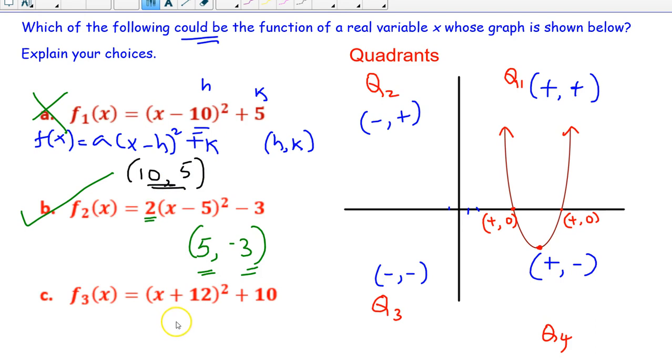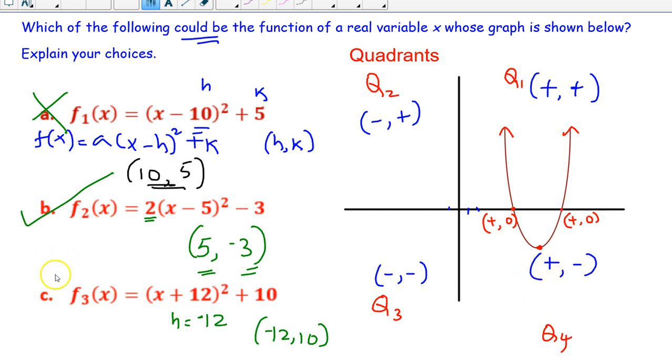Now look at the third piece here. x plus 12 whole square. So here x plus 12 means definitely the value of h is opposite of that, that is negative 12. X coordinate negative and y coordinate positive. Negative 12 comma 10. Is it satisfying this?